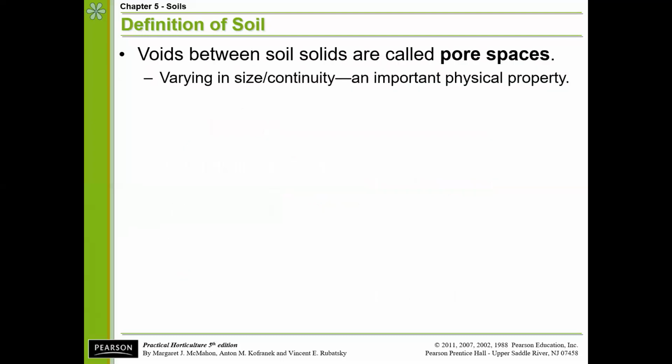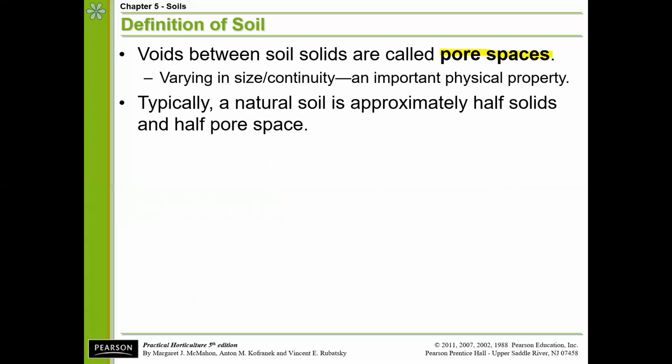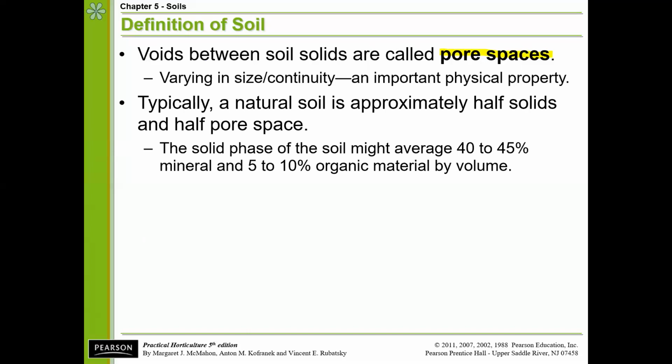So as I mentioned, the void, the area between the solid portion of soil, is the pore spaces. And those are going to vary in size, as well as where they are, depending on how we manage the soil, as well as how that soil forms.